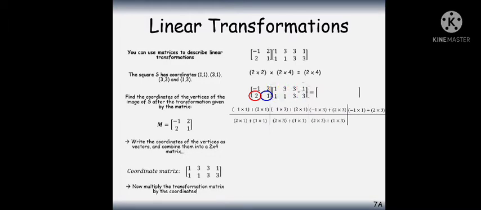Carefully multiply each term, and I got the values of 1, minus 1, 3, 5, and 3, 7, 9, 5 you should get for those. The new vertices will be at 1, 3, minus 1, 7, 3, 9, and 5, 5. That's it.